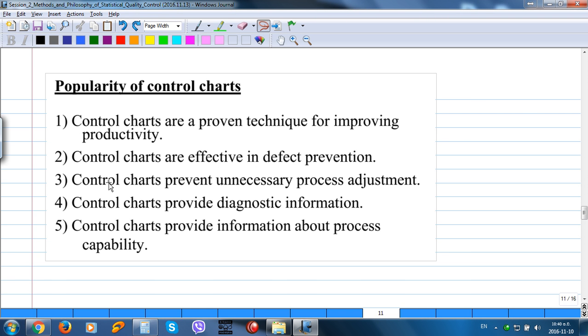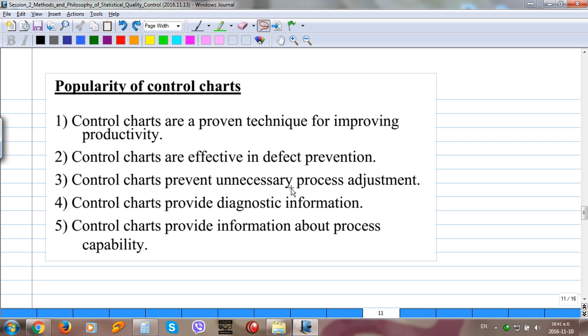The third one is that control charts prevent unnecessary process adjustments. If control charts are there, we know the upper control limit and lower control limit, as well as some other limits we will discuss in the next few lectures. So control charts prevent unnecessary process adjustments.